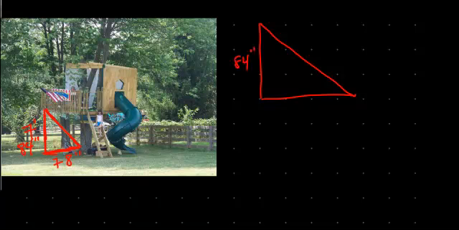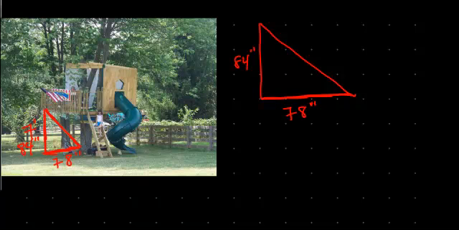So let's draw that triangle there. It has a height of 7 feet, so 84 inches, and we have this side here, which we measured to be about 78 inches.